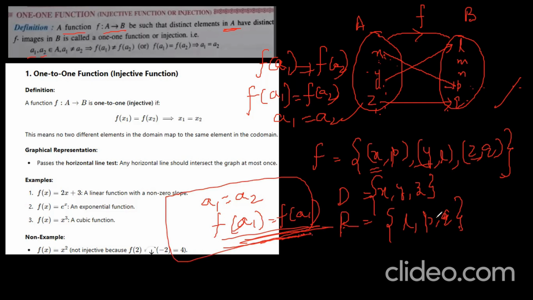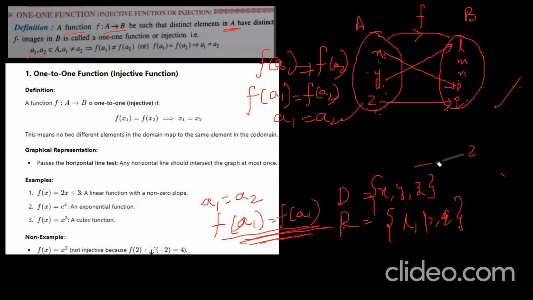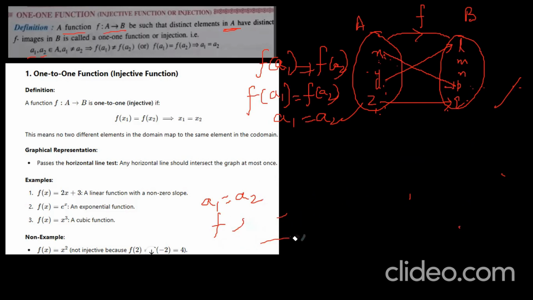Got it? Okay. And one more important point is, suppose A and B I have taken in before case, A and B are two finite sets, right?